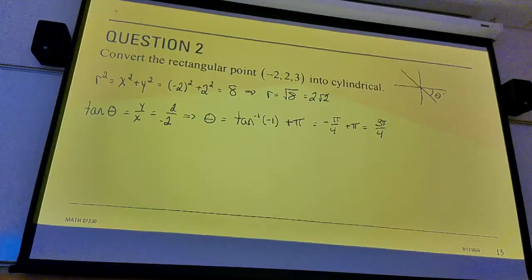What do you know? What's the relation between those two angles, theta and theta prime? What about pi? How would they be related?